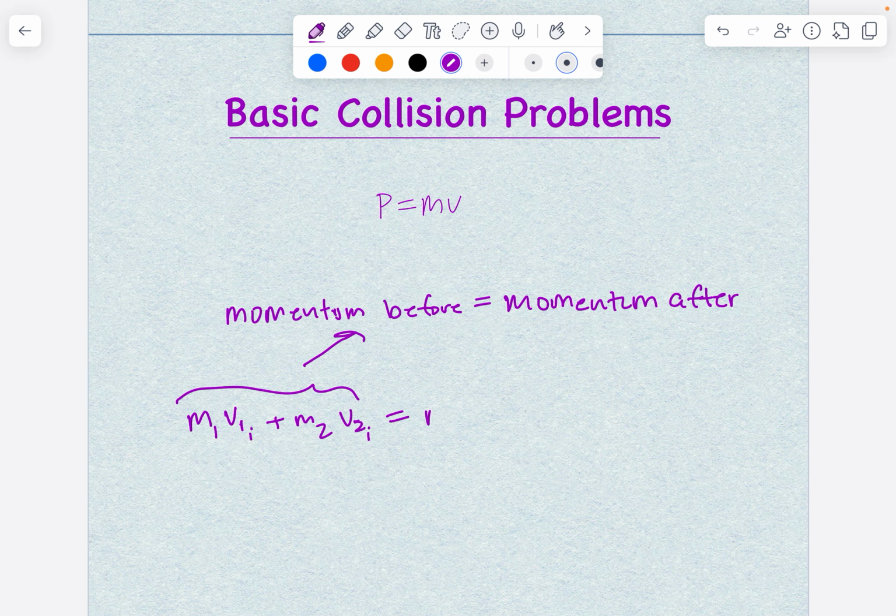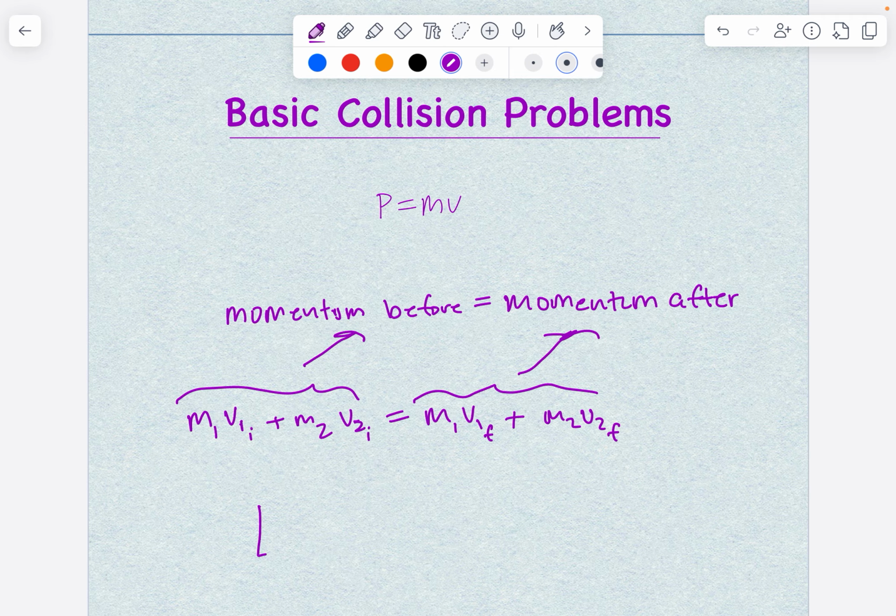So this is all equal to m1 v1 final plus m2 v2 final. And similarly, this is just the momentum after collision.